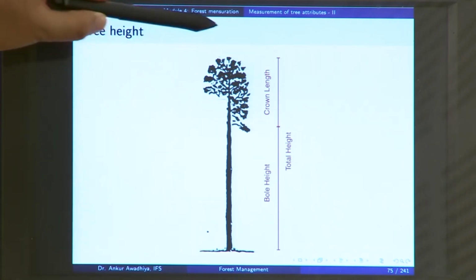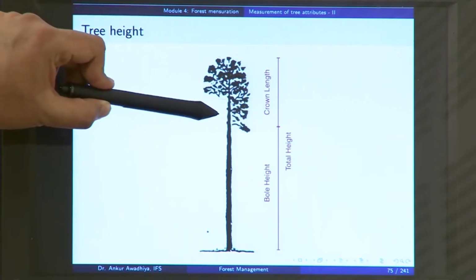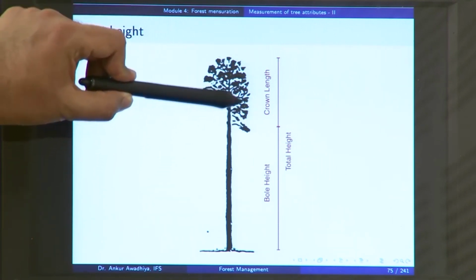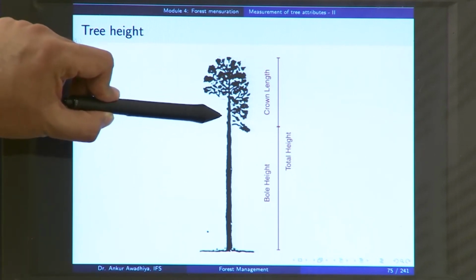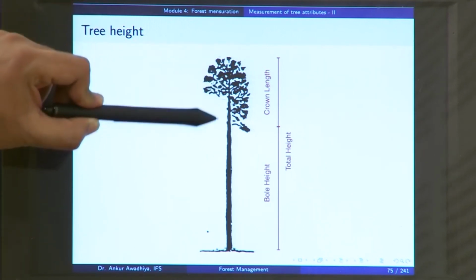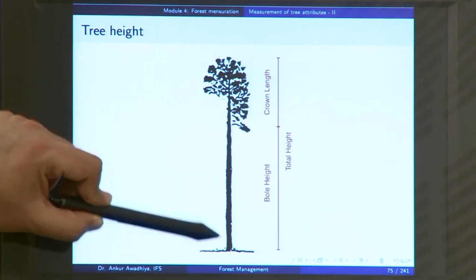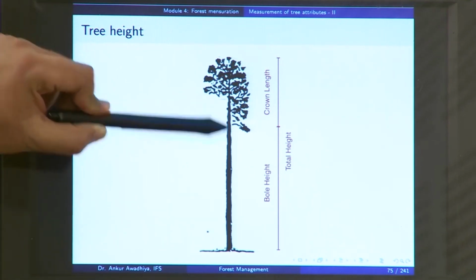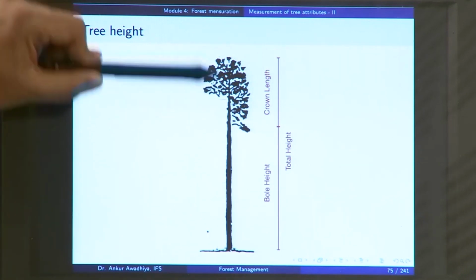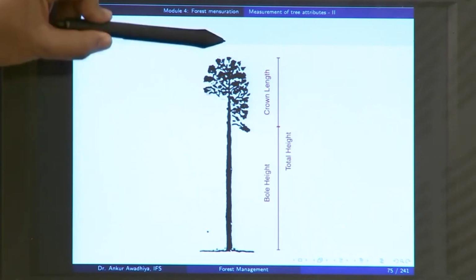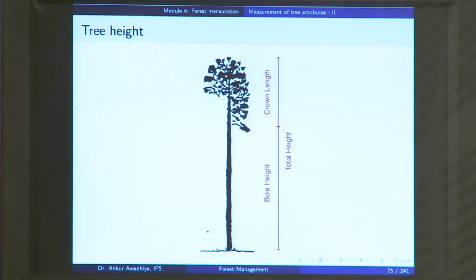Now, if you consider any tree, the lowermost branch is a part of the crown. The height of the tree till this lowermost branch is known as the bole height, and above this height we will be having logs that have a large number of branches.